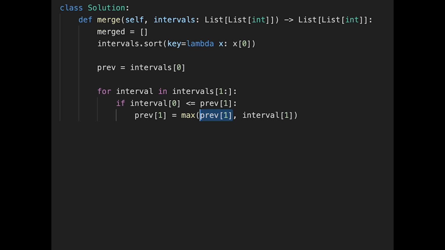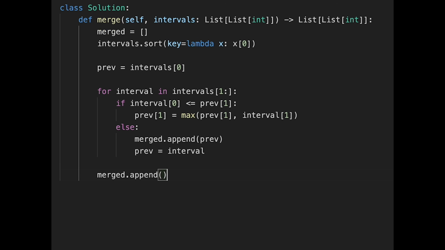So we take the max and update prev index 1. Else, they are not overlapping, so just merged.append(prev), and then the prev interval should be the new interval. After that, as I told you, we should add the last interval to the merged list, so merged.append(prev). After that, return merged. Let me submit it.